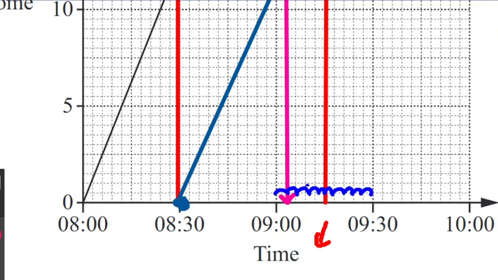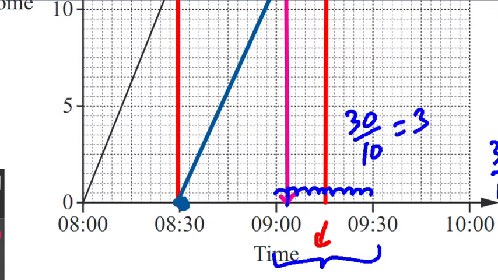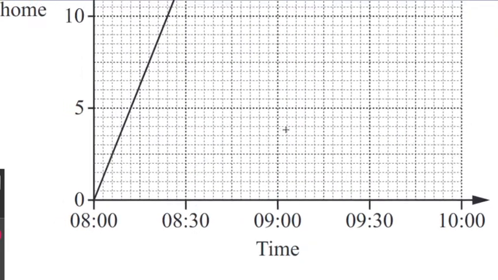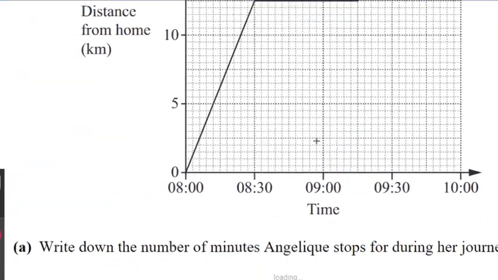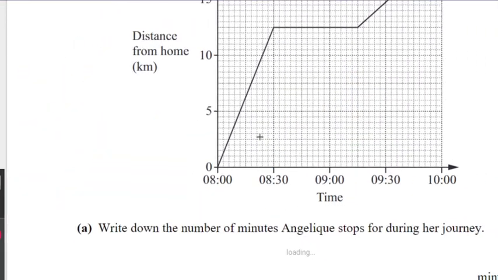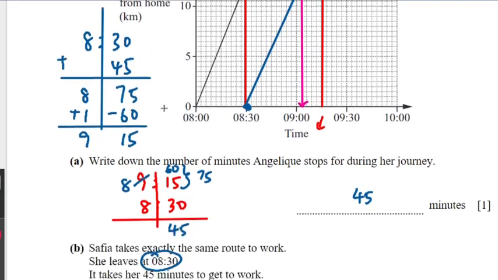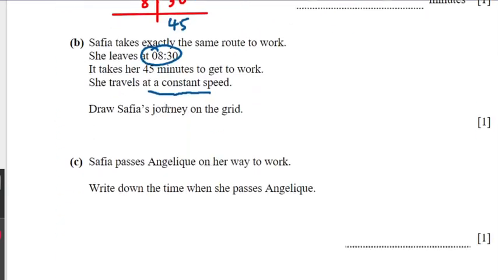So here there are 10 boxes, 10 units, which means one box is 30 over 10, equals 3. Therefore here is 9:03 am. So be careful in reading this one. Just find what one unit is, then from there you can get the answer. So we write here 9:03.